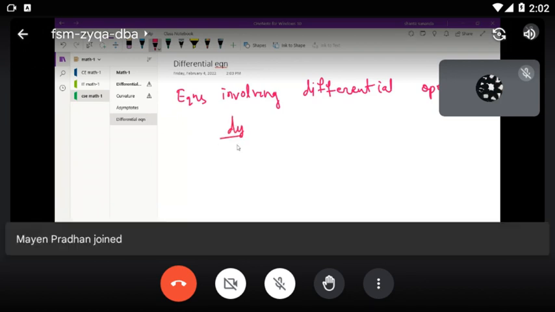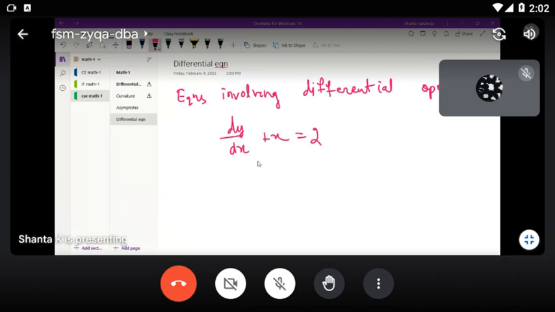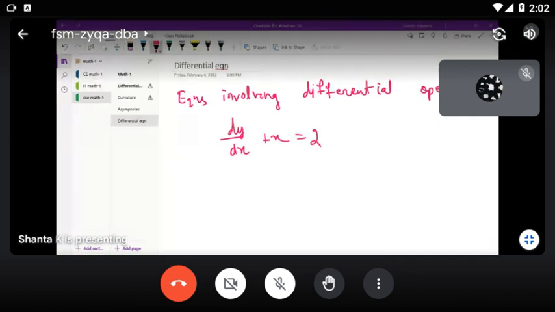So you can say dy by dx plus x equals 2, this kind of thing. Here we will look at the first order first degree equations.